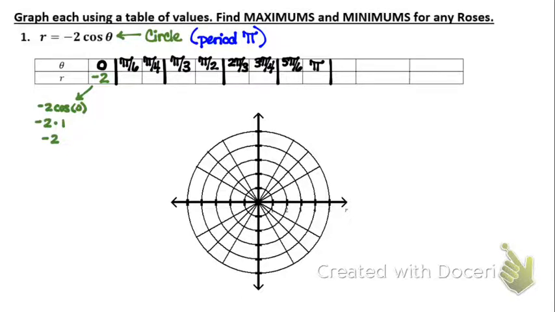R stands for the radius, and most of the time when we think about this, radius can't have negative values. But when I'm graphing in polars, here's 0 radians right here. If I have a positive r value, then I'm going to count to the right. And if I have a negative r value, I'm going to go backwards along that same line. So how far to the left would I want to go? 2 units to the left. So I'm going to have a point right here.